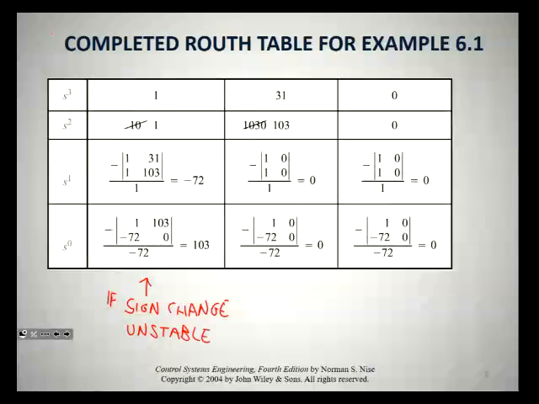So by sign change, I mean if one of the numbers is positive and another number is negative, then that means the system's unstable. So with this system, would this be stable or unstable? Unstable, yeah, because we've got 2 positive numbers here and 1 negative number here. That's all this whole thing does. It's complicated maths for not very much gain, if you ask me.